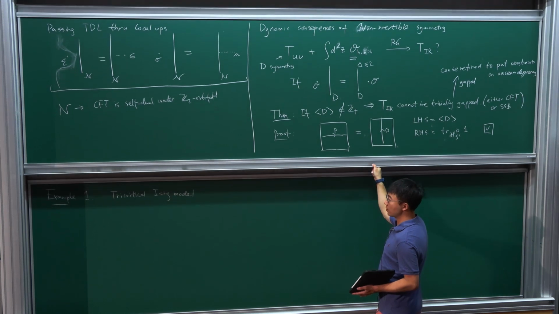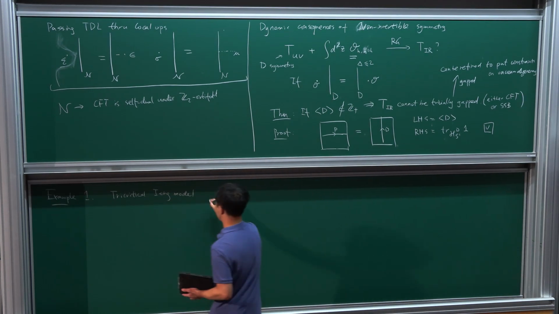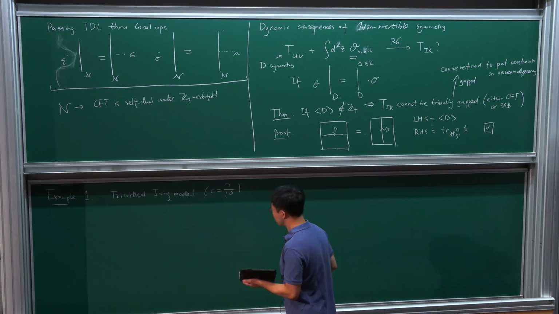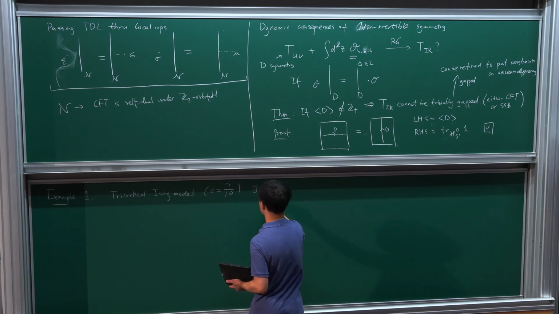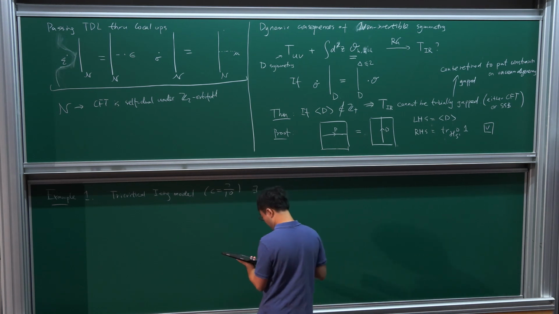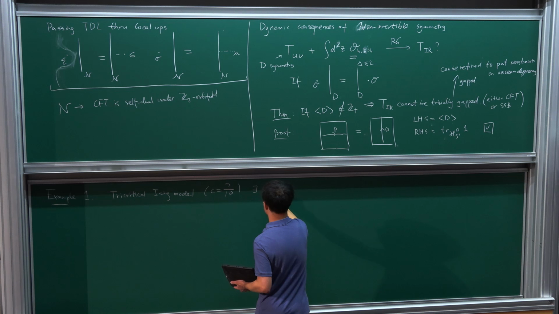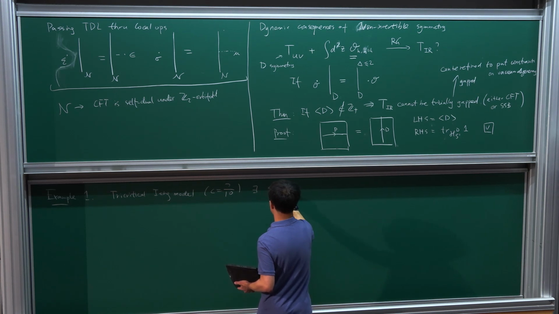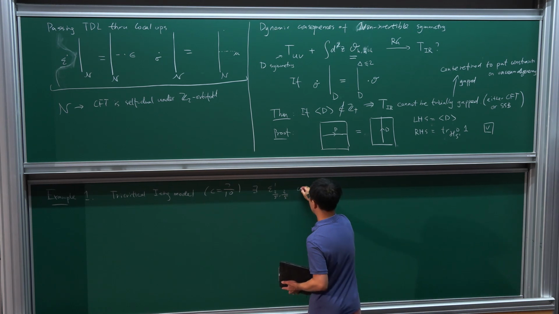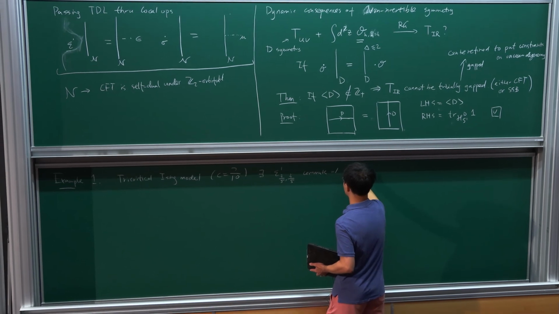But in the tricritical Ising model, the tricritical Ising CFT more precisely, the c equal to 7/10 CFT, there is an operator, which is the second energy operator, of holomorphic dimension 3/5 and anti-holomorphic dimension 3/5, which does commute with the Ising symmetry.